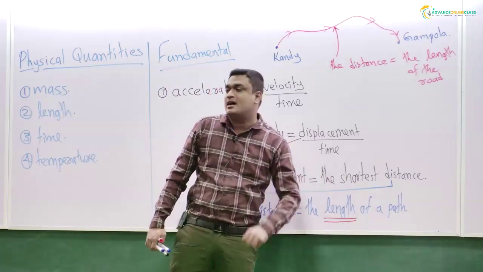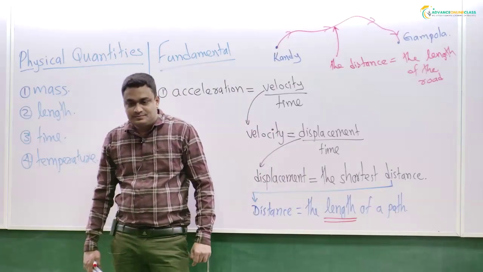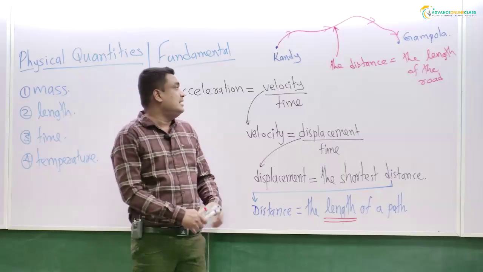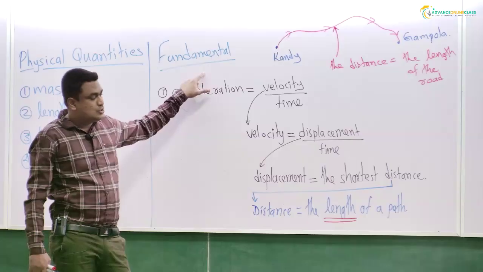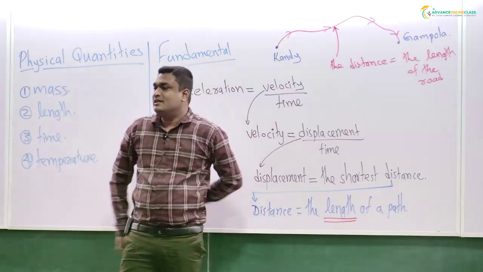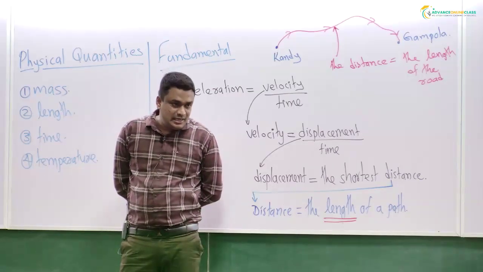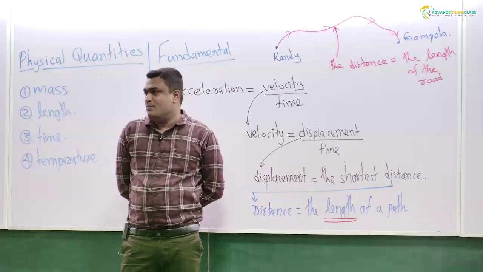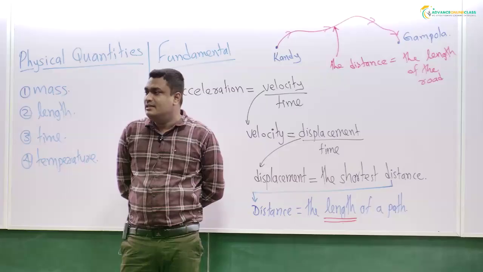But once it is asked what length is, do we have an answer? No. Then we say length is a fundamental quantity. Length is something we can measure. As length can be measured, it is a physical quantity, but we can't define what length is.